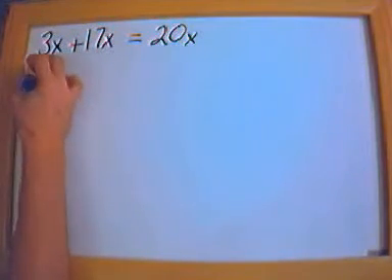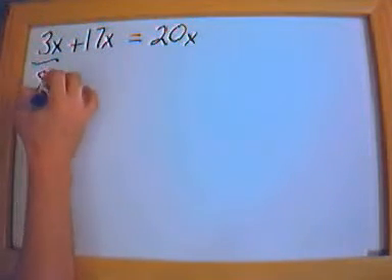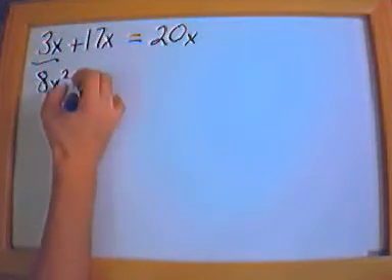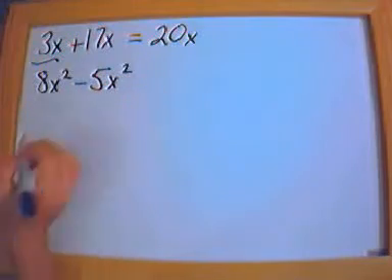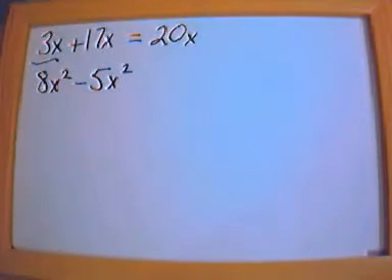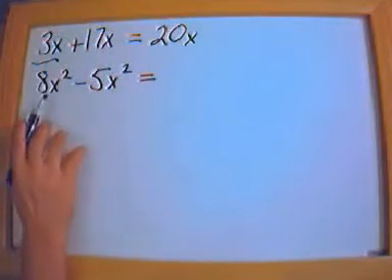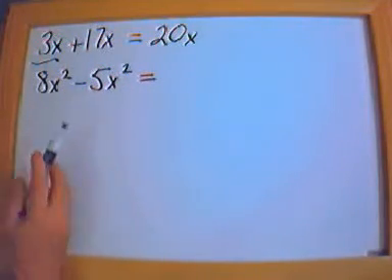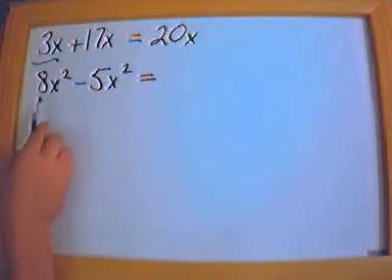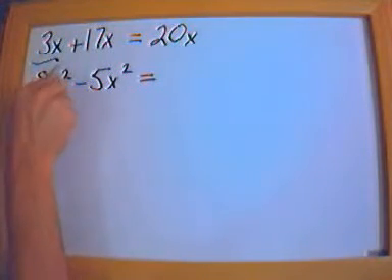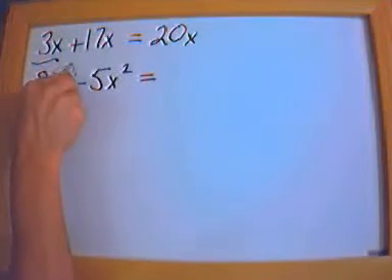Let's take another one. Let's say we have 8x squared minus 5x squared. Is this simplified? And if it's not simplified, how can we simplify it? Well, we have x squared here and an x squared here. So we have 8 x squareds here and 5 x squareds here. You can put it in terms of pencils if you want.